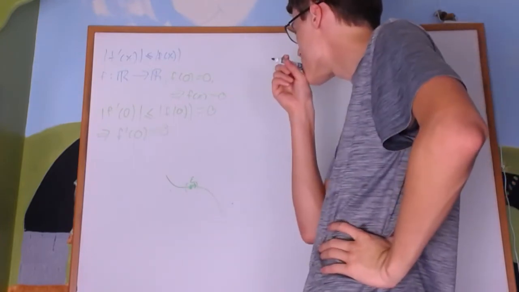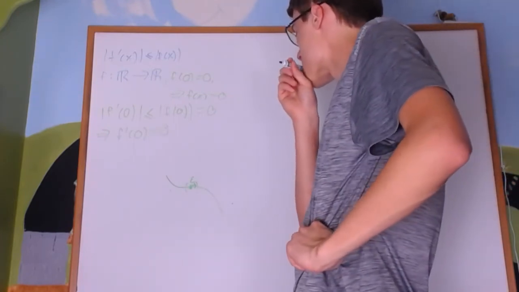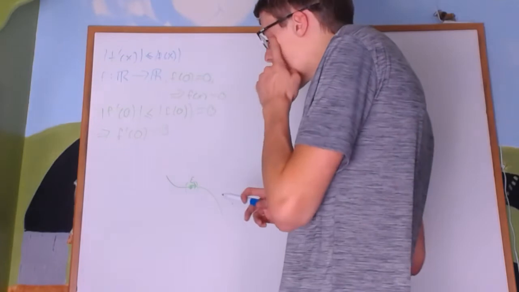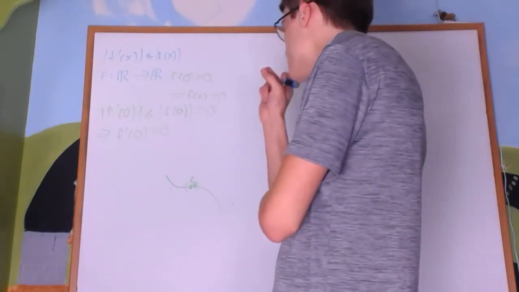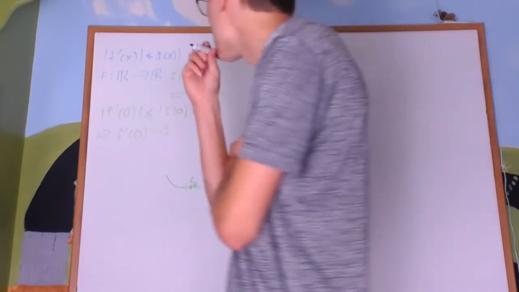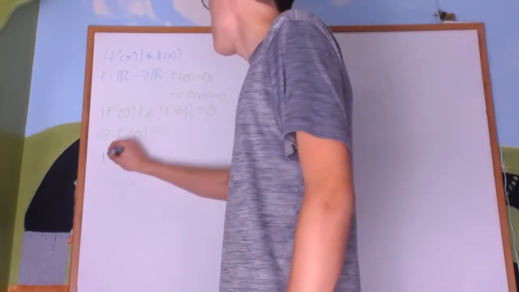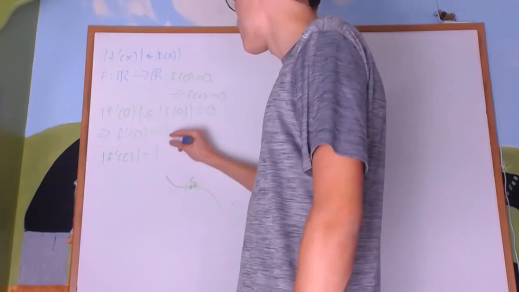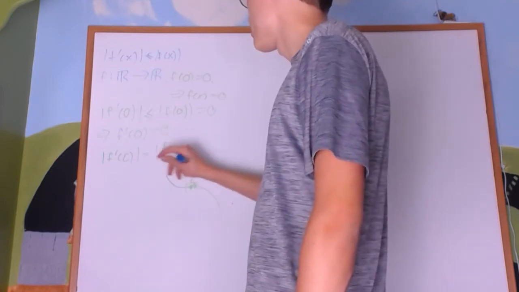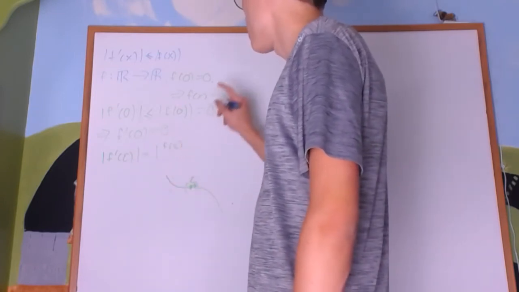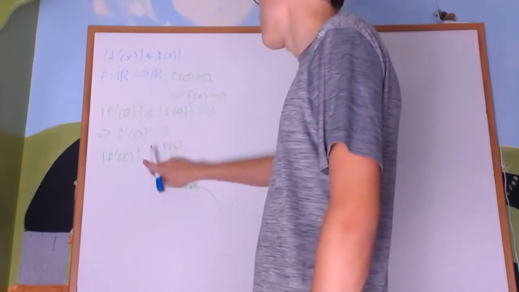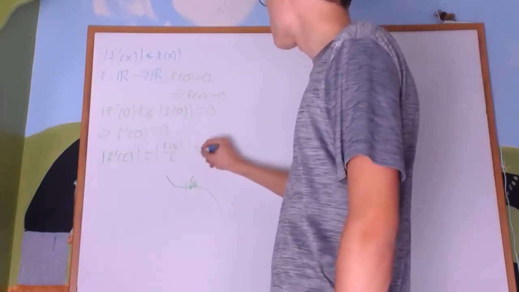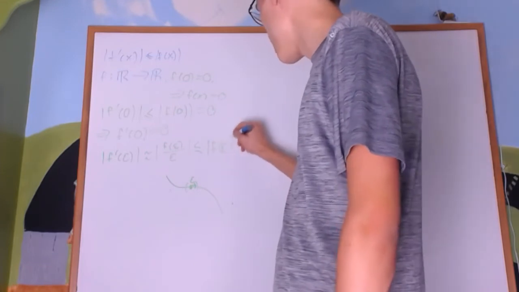Alright, so now I have to figure out how to just be able to inch it a tiny bit away. So if I inch it a tiny bit away, that right there is f of epsilon over epsilon. It's approximately going to be f of epsilon over epsilon, which somehow has to be less than or equal to f of epsilon.